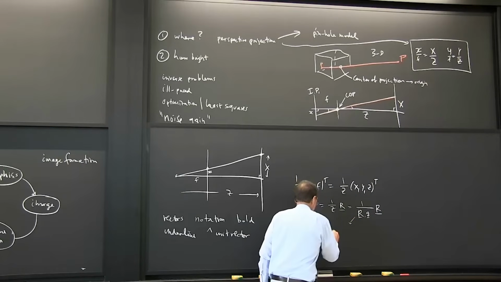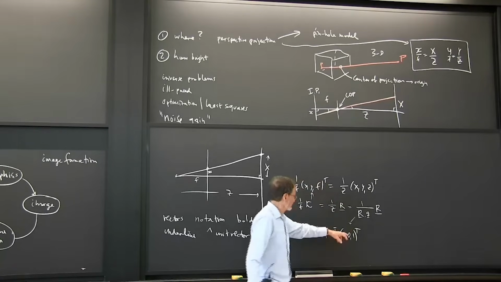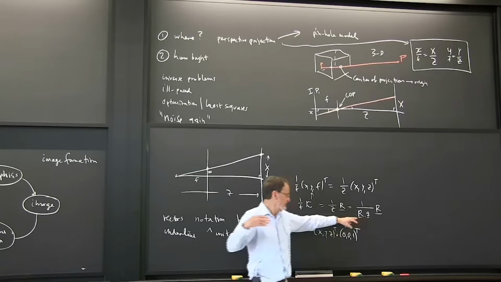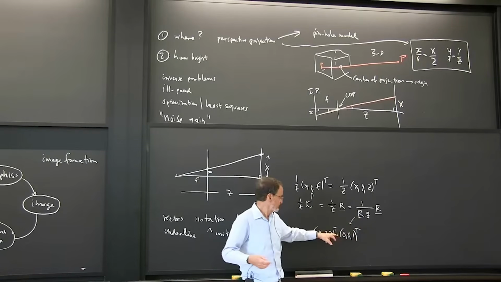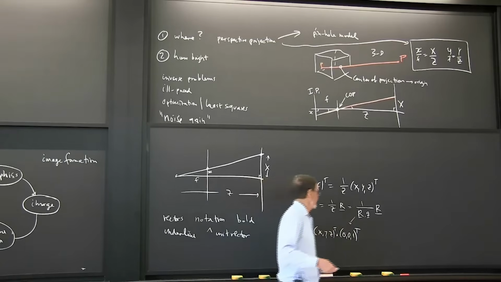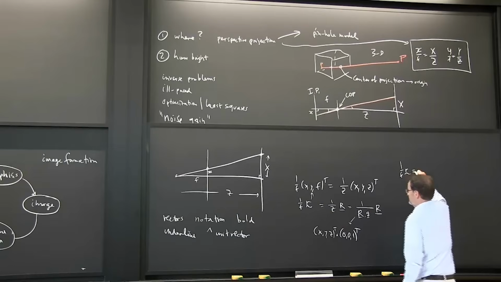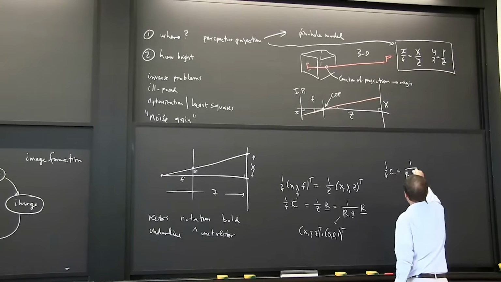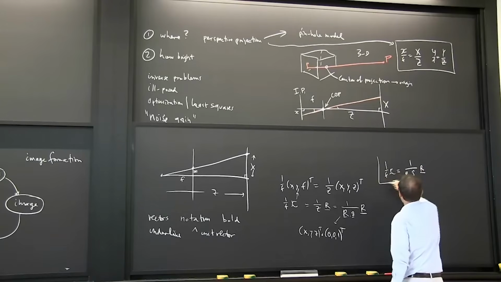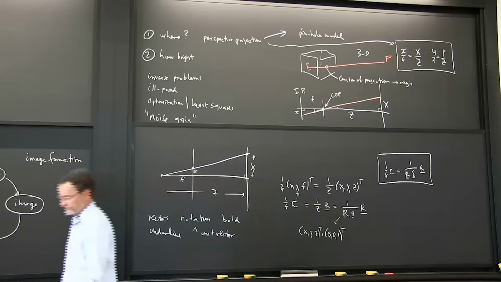So that's X, Y, Z transpose dot. The unit vector in the Z direction along the optical axis is just 0, 0, 1. And so I finally have the equivalent of the equations up there in component form. I have it here in vector form. So that's perspective projection in vector form.